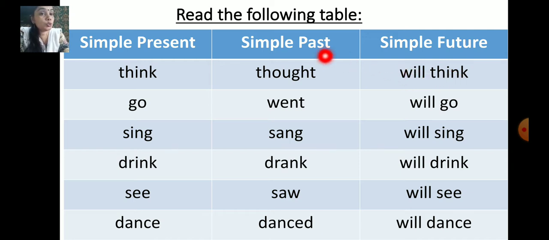So you have to fill up the simple past column and simple future column. So for that you have to remember this full table and any word will be asked. Okay. So drink, drank, will drink. See, saw, will see. Dance, danced, will dance.